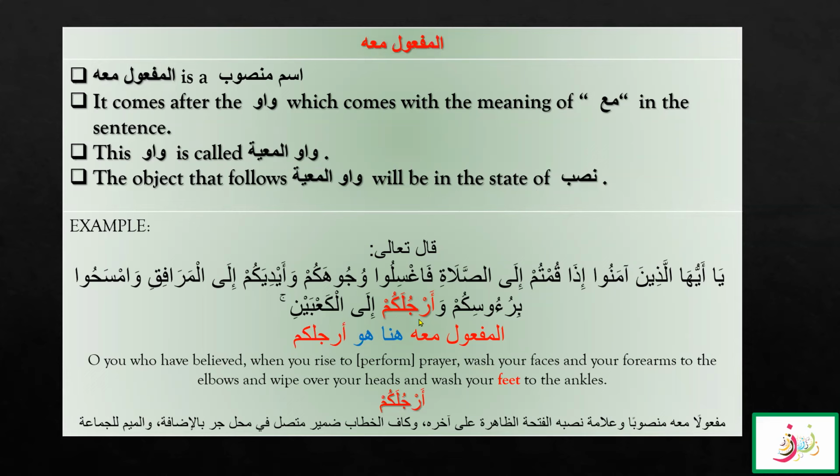And with the harf, the next word should follow the state of the preceding word, but arjulakum is not in the state of jar. We can see the fatha here, so that means it is not attached with ru'usikum. So it is attached with wujuhakum wa aydiyakum, which are both in the state of nasb, with this waw ma'iyya, and arjulakum is also in the state of nasb.